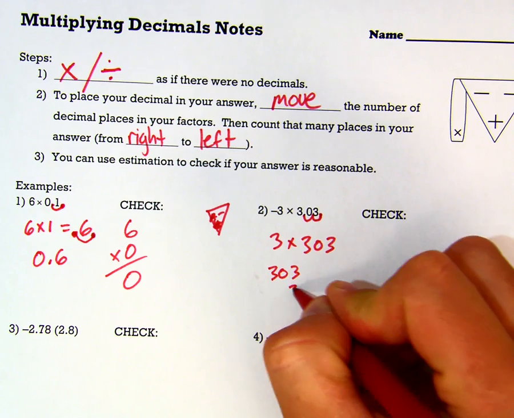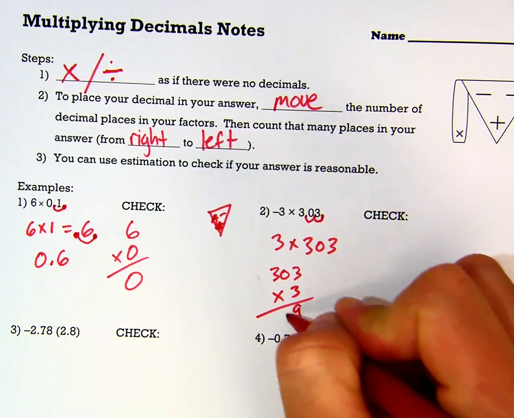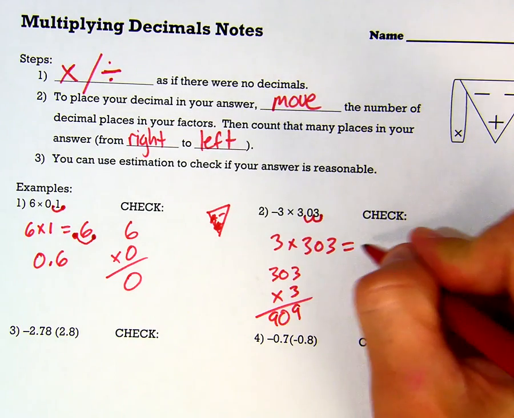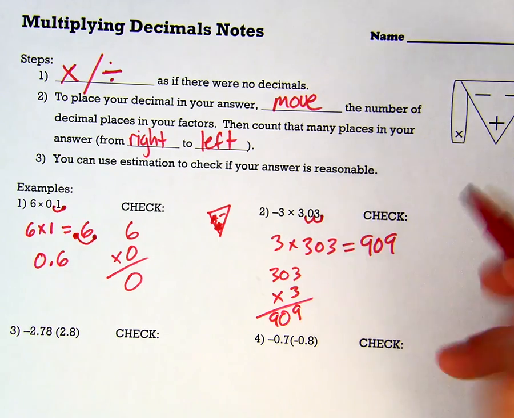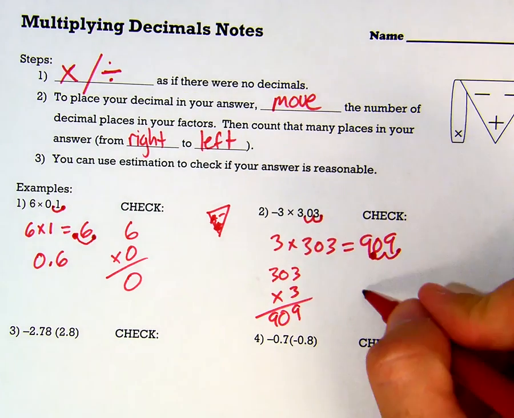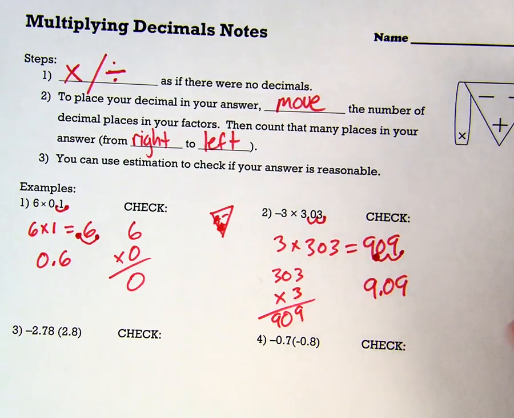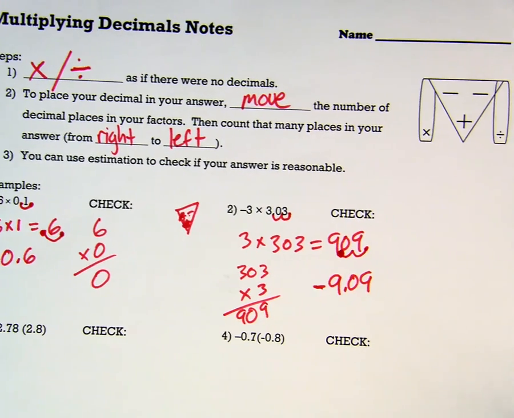Go ahead and stack those on each other. I like putting the bigger number on top, it's just a little bit easier. Gives me an answer of 909. Now because I moved my decimal place over twice, I need to start on the right hand side and move it back twice. So I have 9.09. And I remember back here my sleeping dog, it is a negative answer. So negative 9.09.